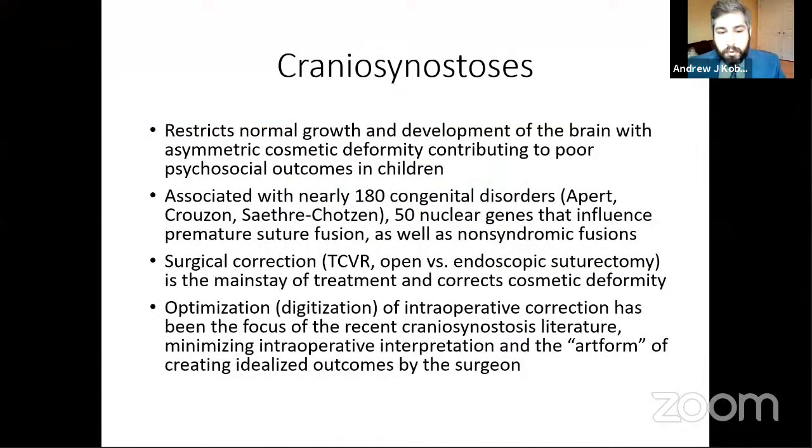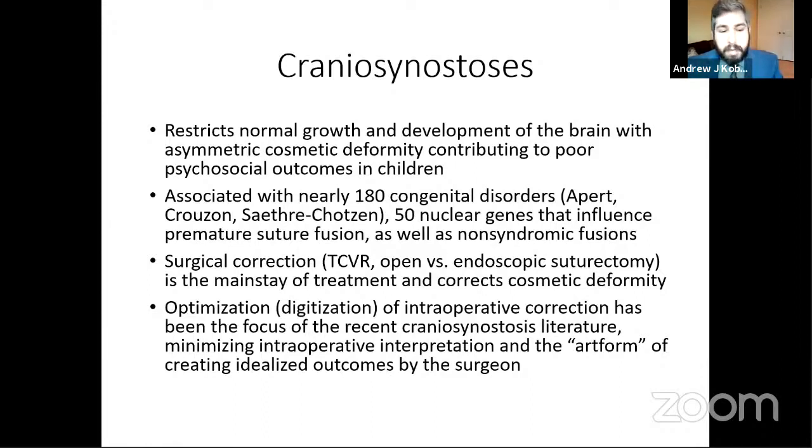Surgical correction, either total cranial vault reconstruction or open or endoscopic suturectomies, are the mainstay of treatment currently and correct this cosmetic deformity. And there are really twofold paths that our advancement in understanding of these disorders has taken recently. One side is understanding the genetics and creating animal models, which I'll discuss very shortly.